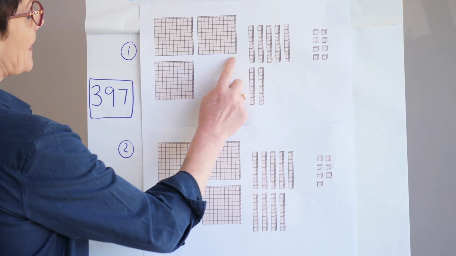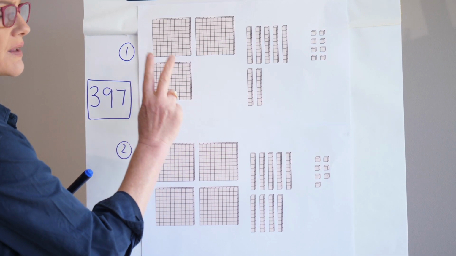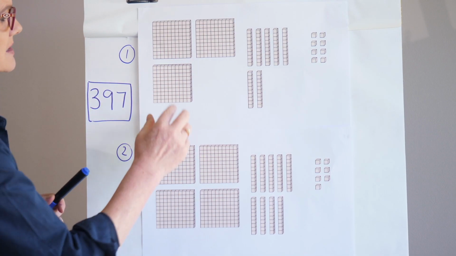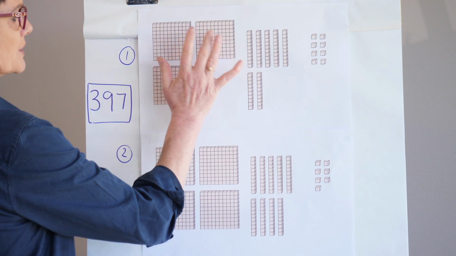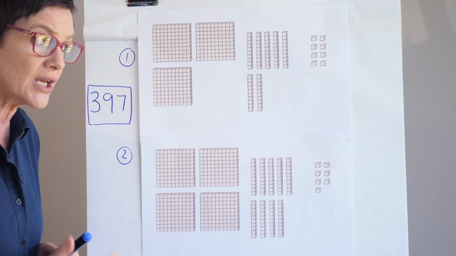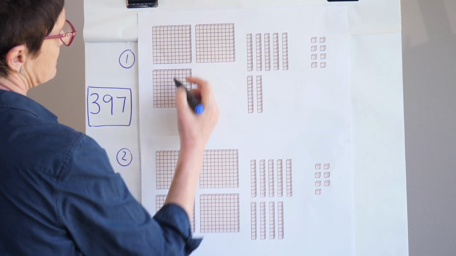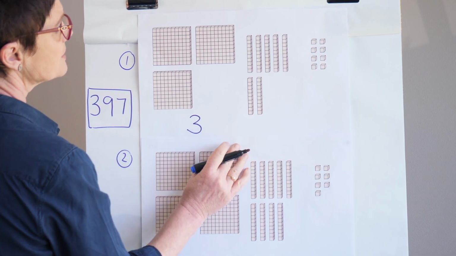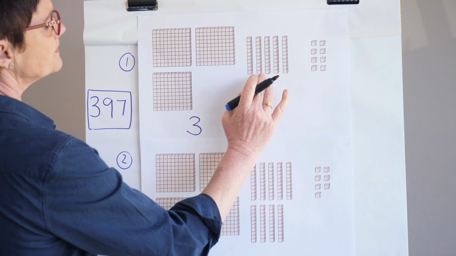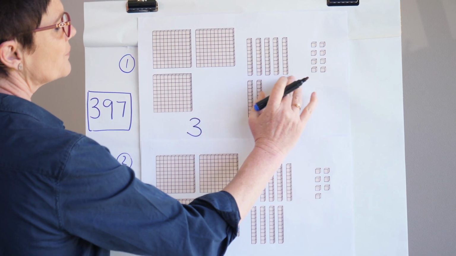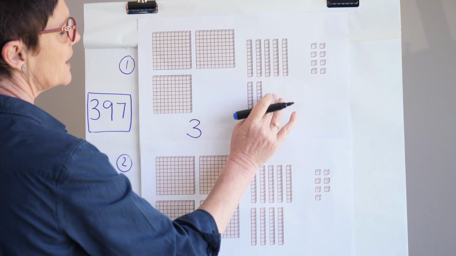Let's have a look. I can see that this is 3. I don't need to count anymore. 1, 2, 3. I could if I wanted to check, but I can see it's a 3. 300 and, this is a lot of 5. I can see a 5 and a 2.